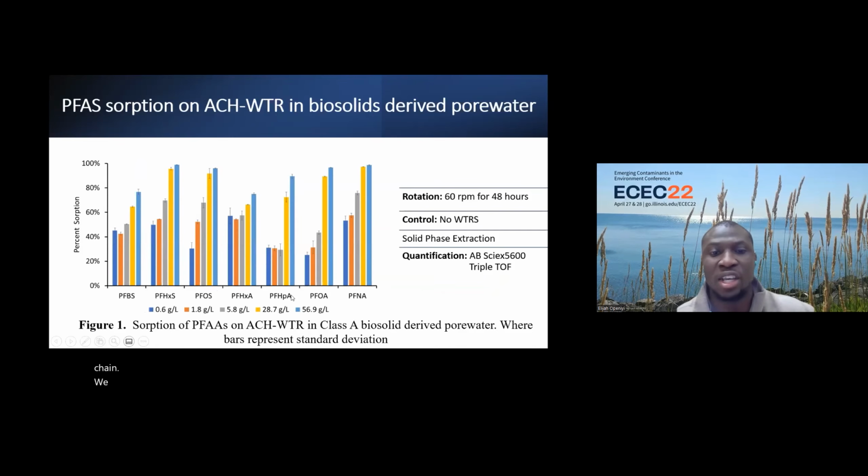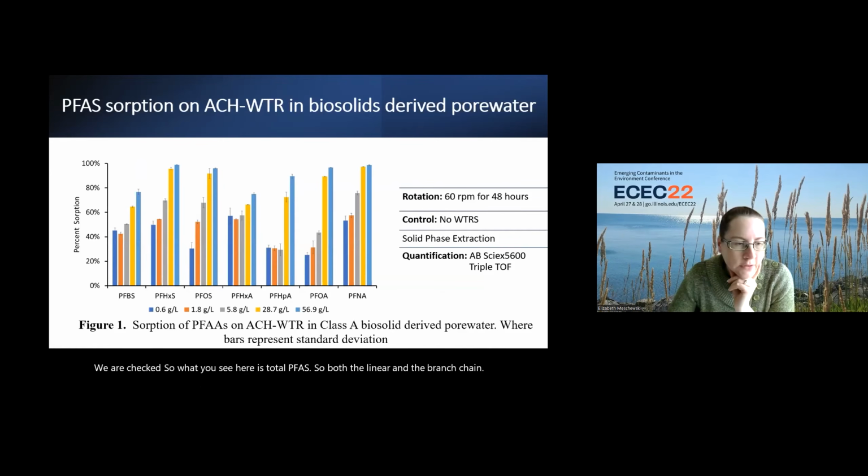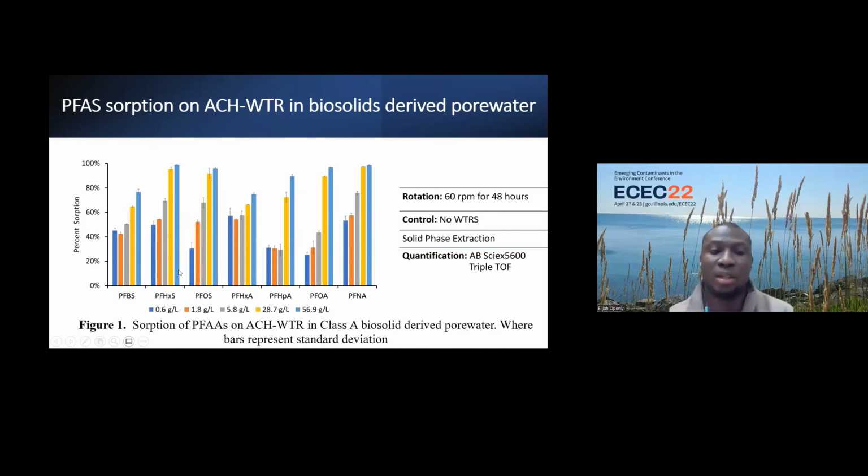So what you see here is for total PFAS, both the linear and the branched chain. Did you see the same results for the same chain length for straight and branched? Yeah, the results were similar. There was not a significant difference.